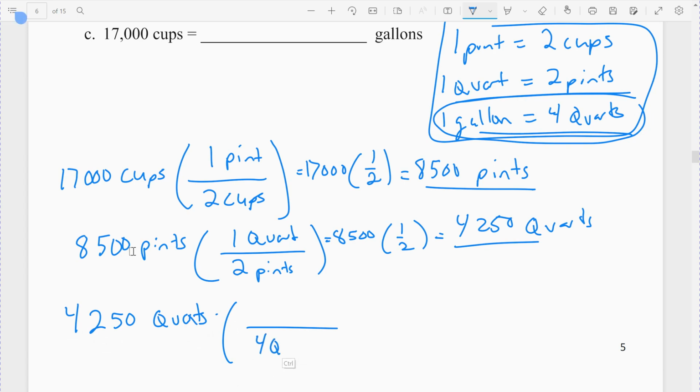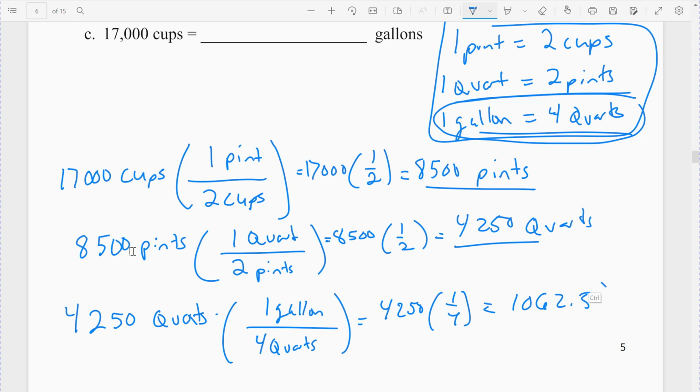So 4 quarts per 1 gallon. And so it's going to be the 4,250 times the fraction 1/4, or divide by 4, same thing. So it comes out to 1,062.5. All right, and that's the final answer because that gets us to what we wanted, which was gallons.